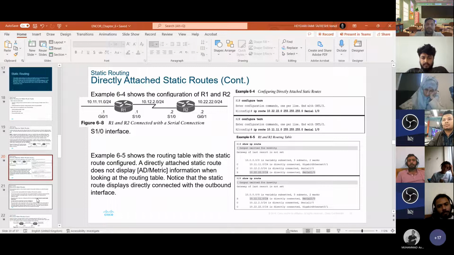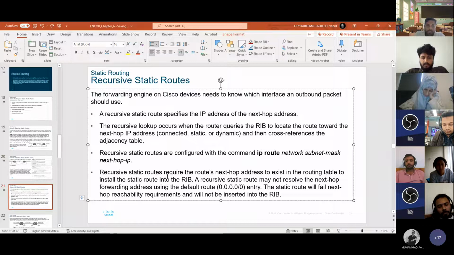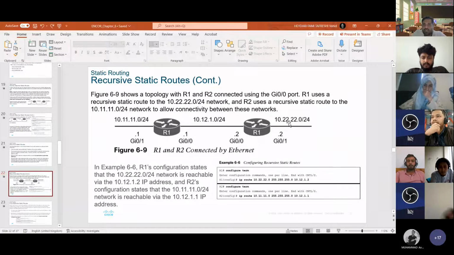Make sense? Let's see the command itself. Here we have exactly the same network, and we are going to do the same scenario. We are going to advertise this subnet for R1, and this subnet for R2. This should be R2. How do we do it? IP route, then the remote network and its subnet mask, and then we specify the next hop IP rather than the interface ID.